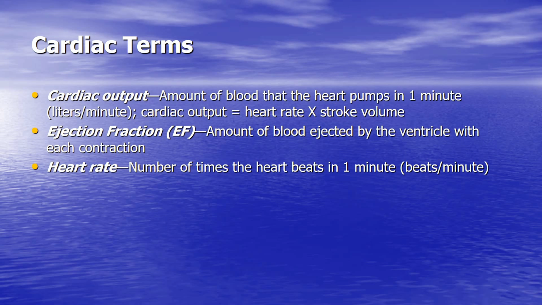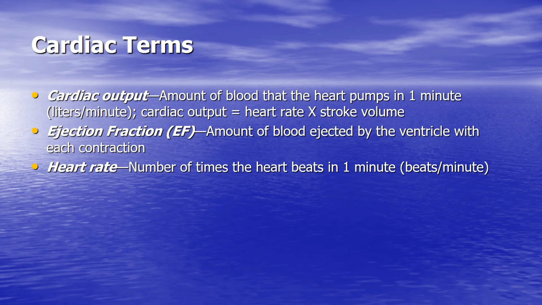One of the first things that happens, however, is the impulse depolarizes the papillary muscles, which causes the AV valves to close to prevent the backflow of blood into the atria.